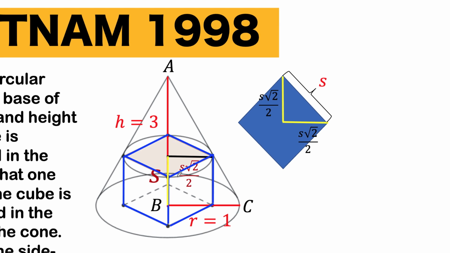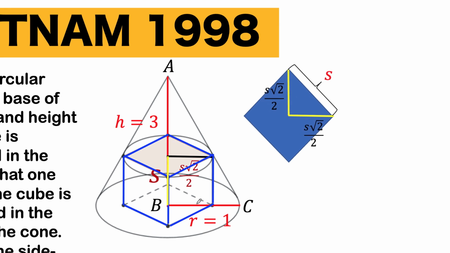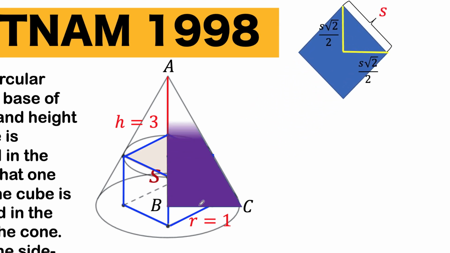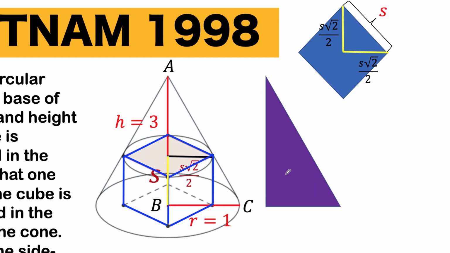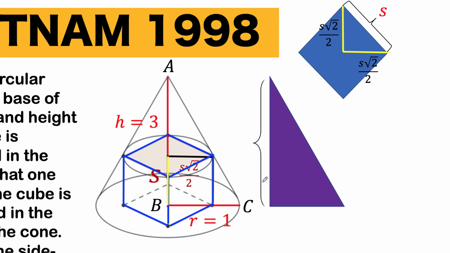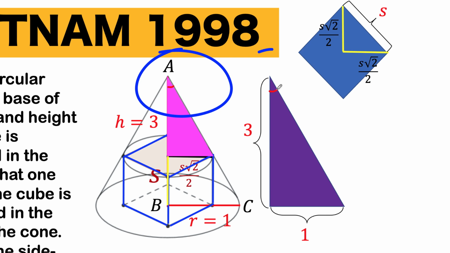Now in here, we form two similar triangles. Let's analyze these two similar triangles. The first one is this purple right triangle, and its dimensions are, the height is 3 units and the base is 1 unit. This is a right triangle. The other triangle is this pink triangle that is similar to this purple triangle because this angle here is this angle. They're the same.